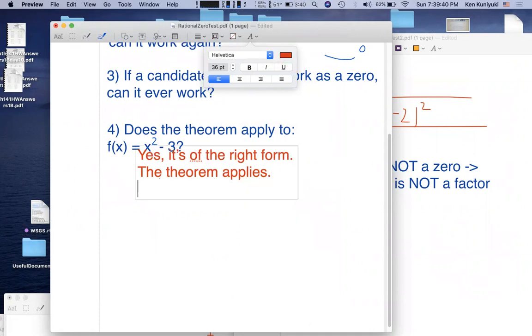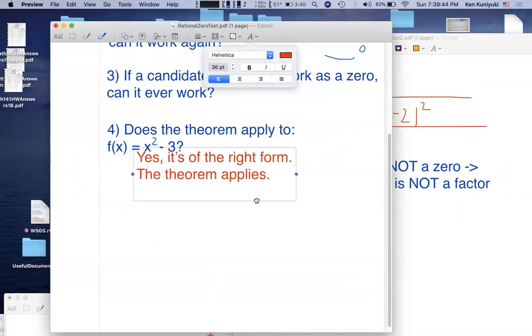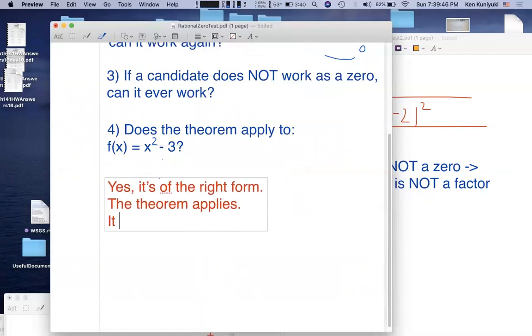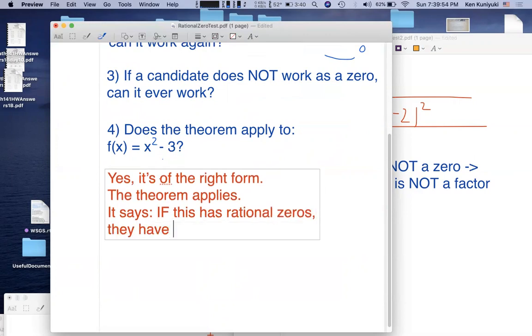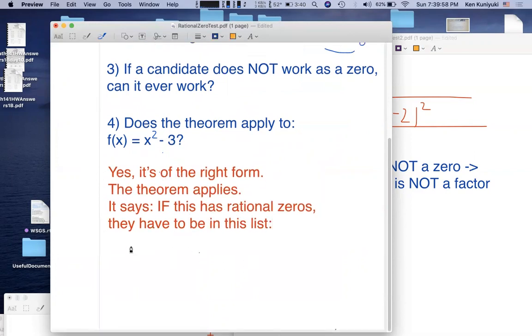But what the theorem says is the following. It says if this has rational zeros, they have to be in this list. So it would have to be in the list plus or minus 1 or plus or minus 3.